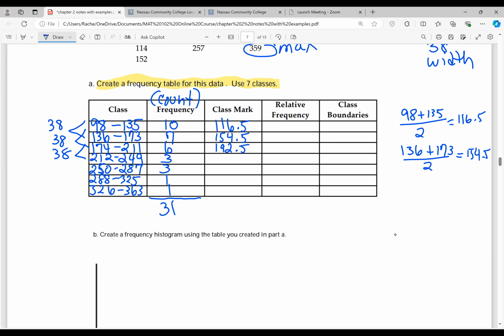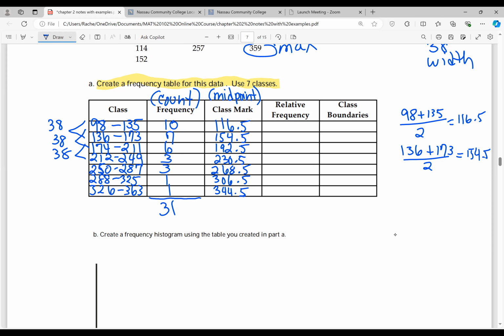If we add 38 to 192.5, I get 230.5, and so on and so forth. So we keep adding 38. We get 268.5. If I add 38 to that, my next class mark is 306.5. And if I add 38 to that, I get 344.5 for my last class mark, which is just the midpoint of the class.